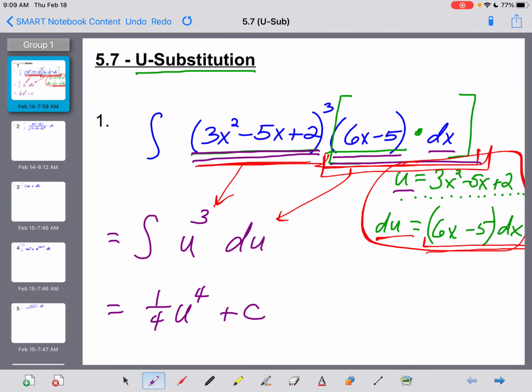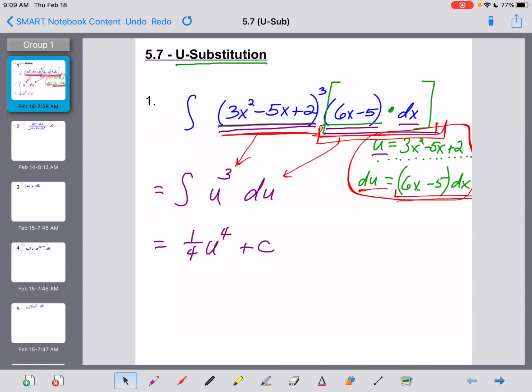We've given an answer now in terms of U, so we need to resubstitute, or unsubstitute, if you want to look at it that way. We need to put this 3x squared minus 5x plus 2 back in the place of U. So that'll be one-fourth, where U is the quadratic trinomial 3x squared minus 5x plus 2.